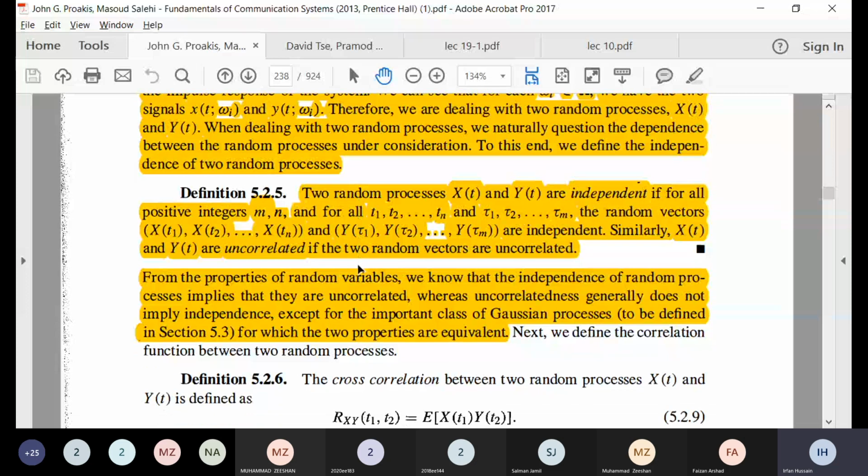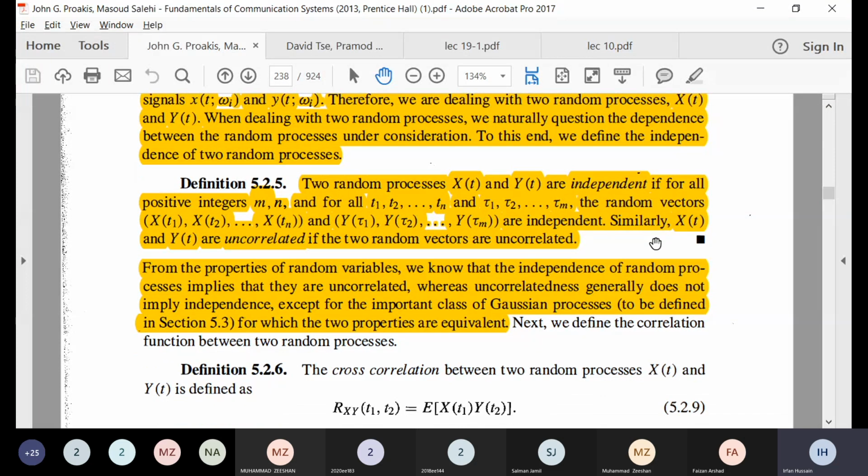Now, if we have two random processes, how can I define their independence? If I sample them at these times, the sampling times of x and of y, I get two random vectors. If the random vectors are independent, then this means that the random processes are also independent.